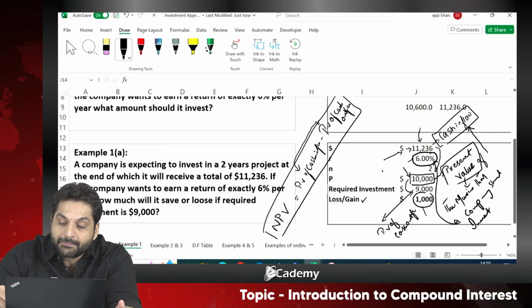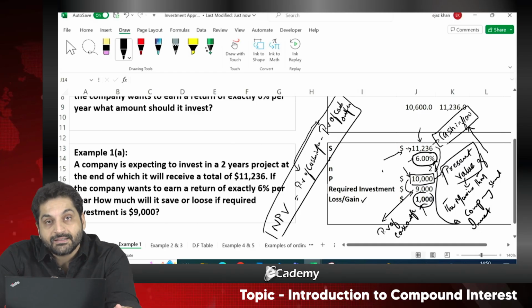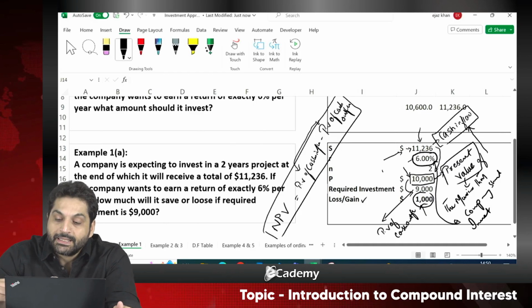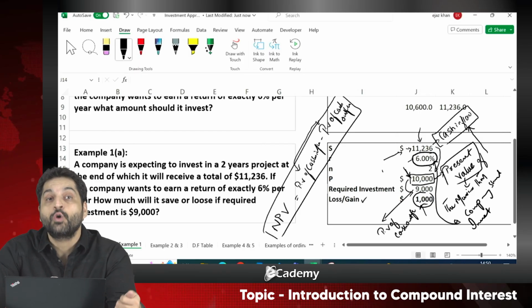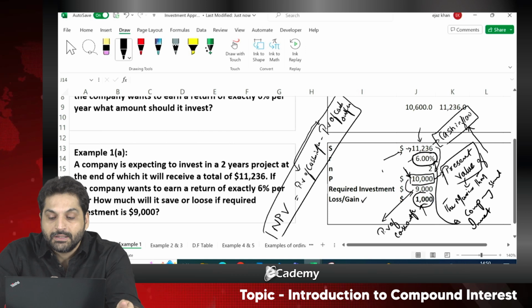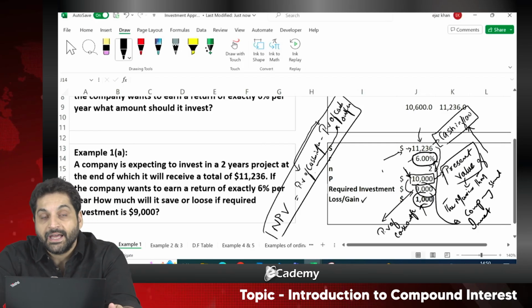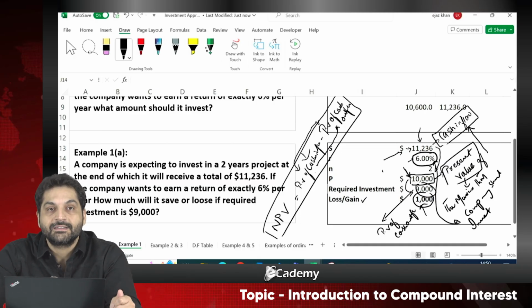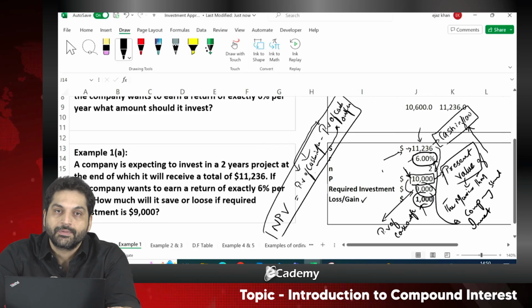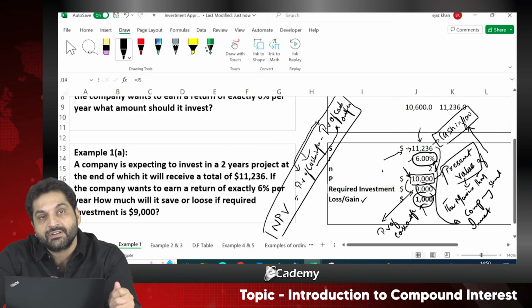And a positive net present value results when your present value of cash inflow, which is the investment that you want to go for, is more than the required investment. That is, when present value of cash inflow is greater than the present value of cash outflow. And if it is greater, it suggests us to invest in the project. And if it is less, it will suggest us not to invest in a project.